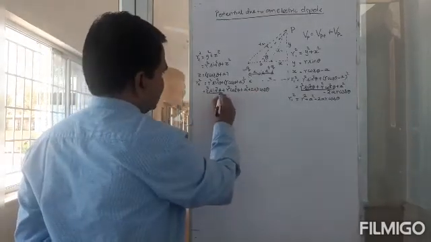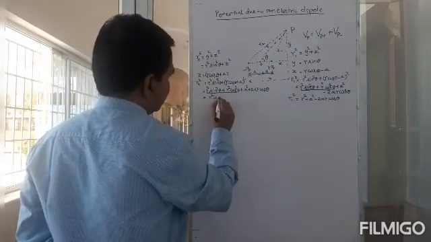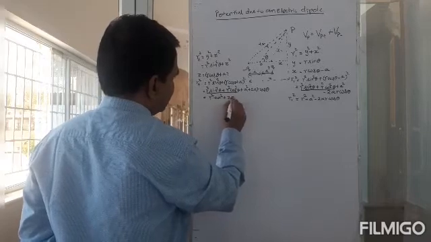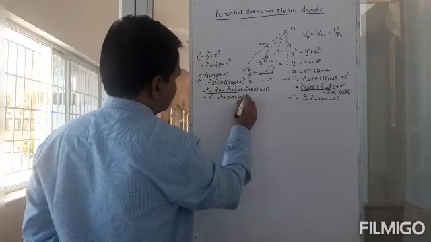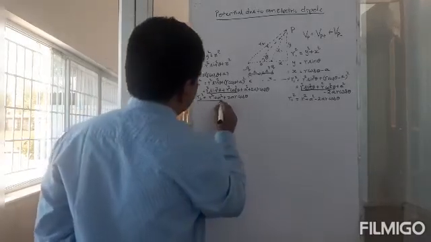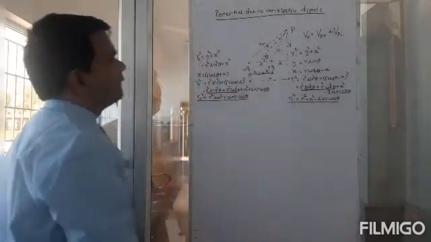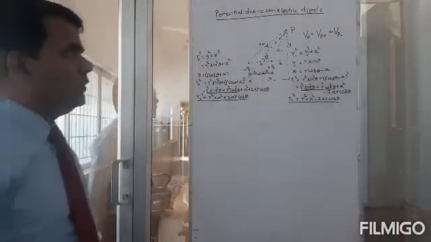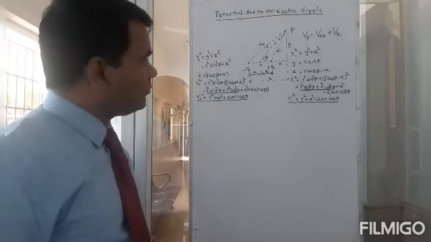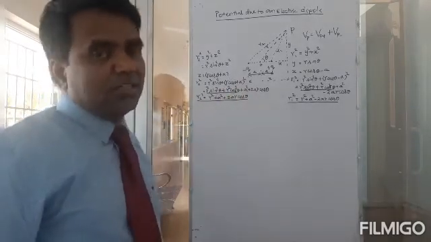Again, if I add these two, then that will give me simply r squared plus a squared plus 2ar cos theta. That's my r2 squared. Okay, now I'm going to do a little more manipulation.